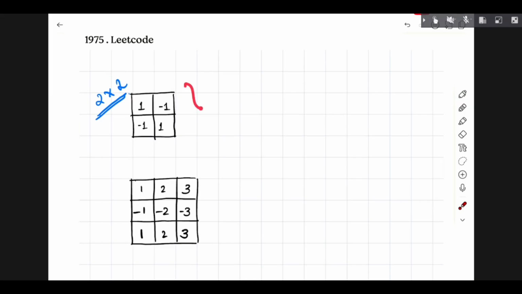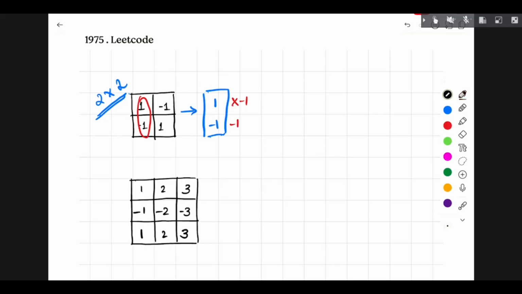So first of all, I'll multiply 1 and -1. This portion of the matrix I'm multiplying by -1. After multiplying both of them, I'll get the new matrix as -1 1, -1 1.